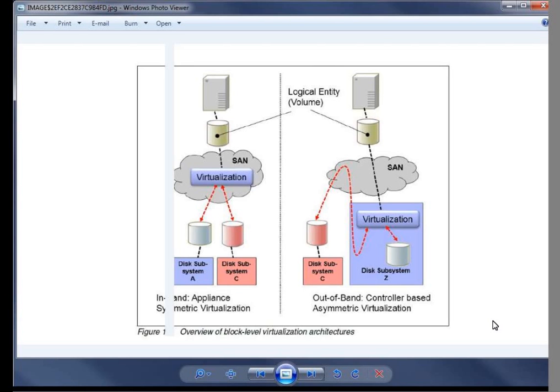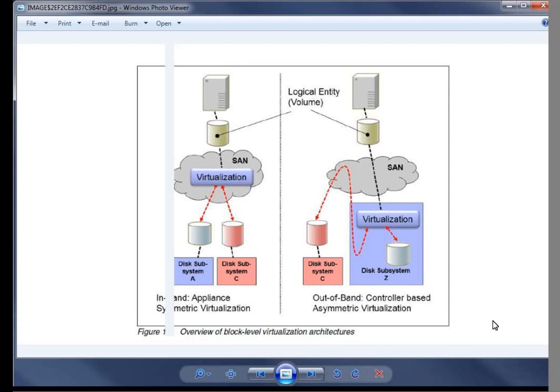Why do we call that symmetric, and why do we call this asymmetric, or in-band versus out-of-band? As you can look over here, when you have a controller that is already managing a lot of disk subsystems, you have another switch, say, for example, an internal Fibre Channel switch or arbitrated loop switch, that then gets connected to the third-party disk subsystem.